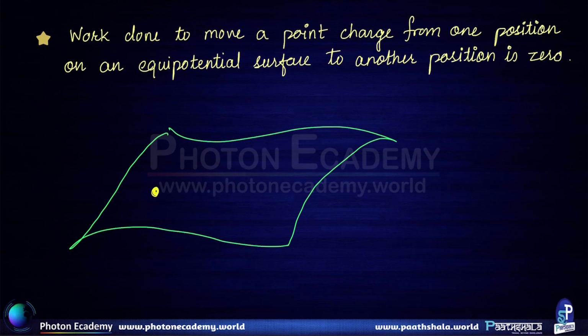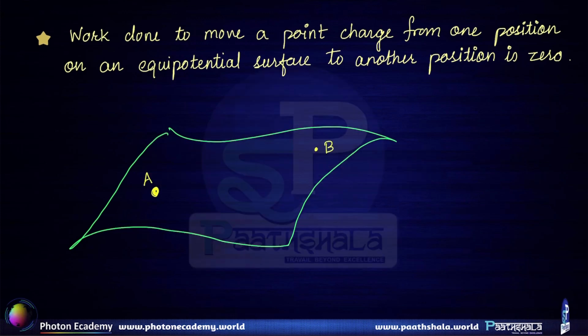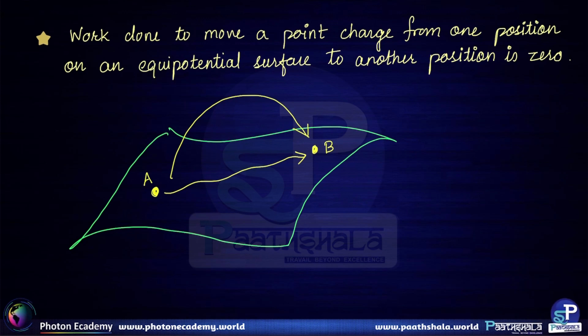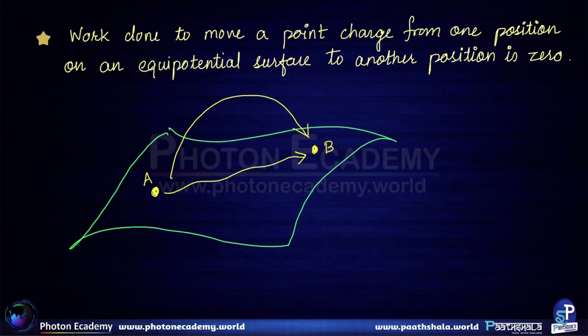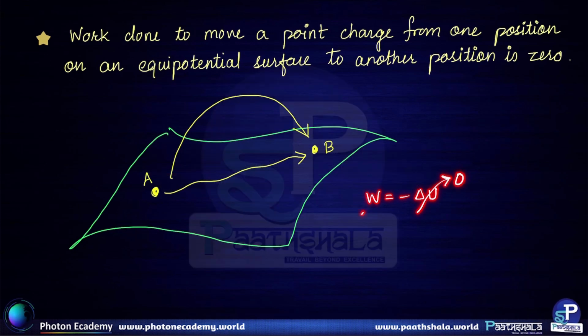Now if this point charge is moved, let's say it's at location A, and let's say we move it to location B, even if we move it along the surface or we take it out of the surface and bring it back onto the surface, the work done in moving this point charge from A to B is going to be 0, because work done will correspond to the change in the potential energy associated with this particular charge. So work done is equal to negative change in potential energy. We know that the change in potential energy is going to be 0, so work done is also obviously going to be 0, because both the points A and B belong to the same equipotential surface.